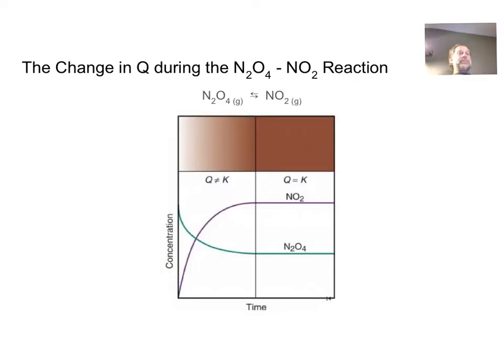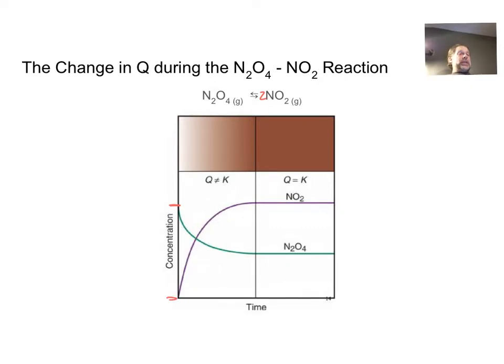Now, here's a graph of concentration when Q is not equal to K and when Q is equal to K. The reaction that we're looking at here is N2O4 reacting to form NO2. In order to balance this equation, which is not balanced, we need to put a coefficient of 2 here. We start with N2O4 at an initial concentration, and the initial concentration of NO2 is 0.